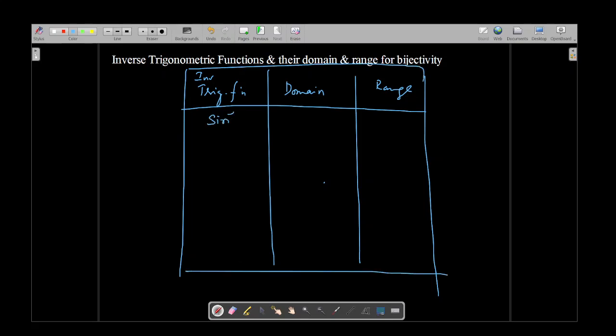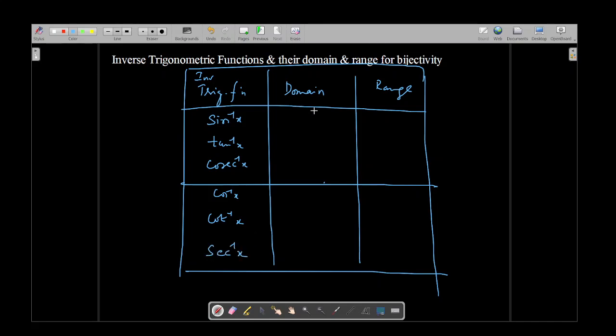I'll use sine inverse of x first, tan inverse of x, and cosecant inverse of x. Then I use cos inverse of x, cot inverse of x, and finally secant inverse of x.